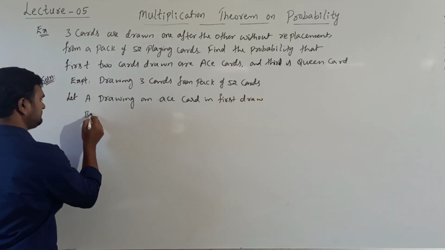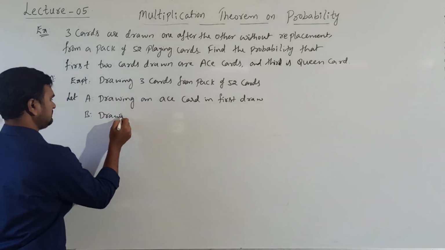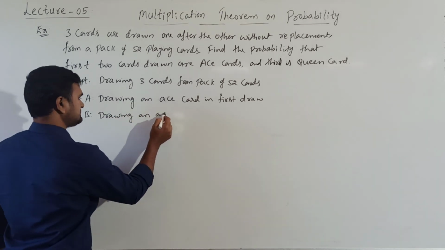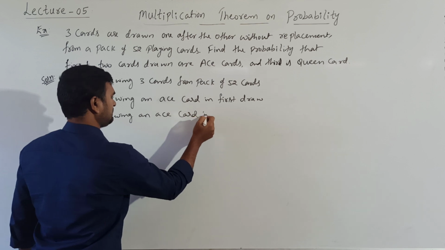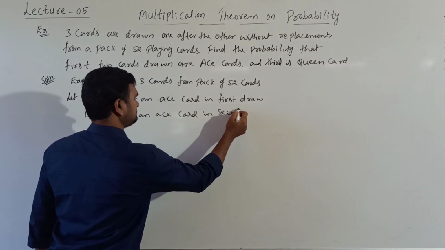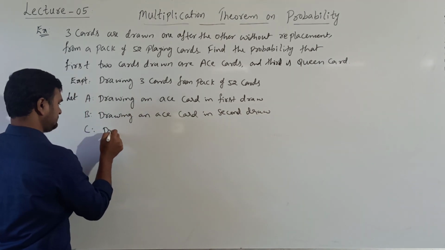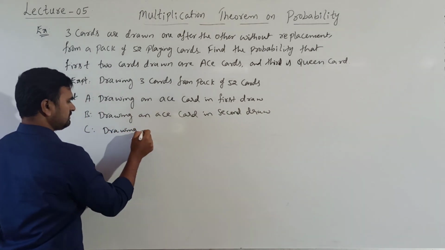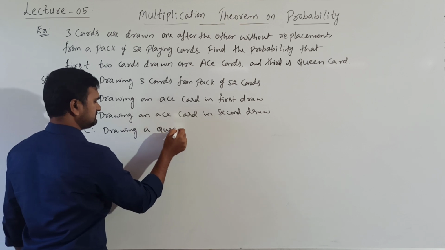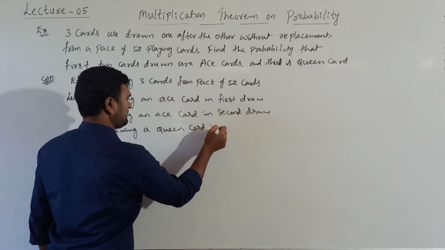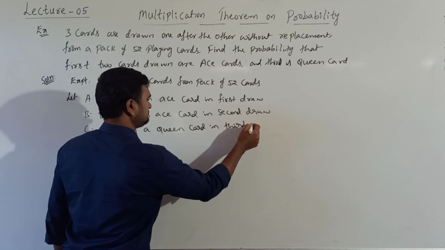B is the event of drawing an ace card in the second draw. And C is the event of drawing a queen card in the third draw.